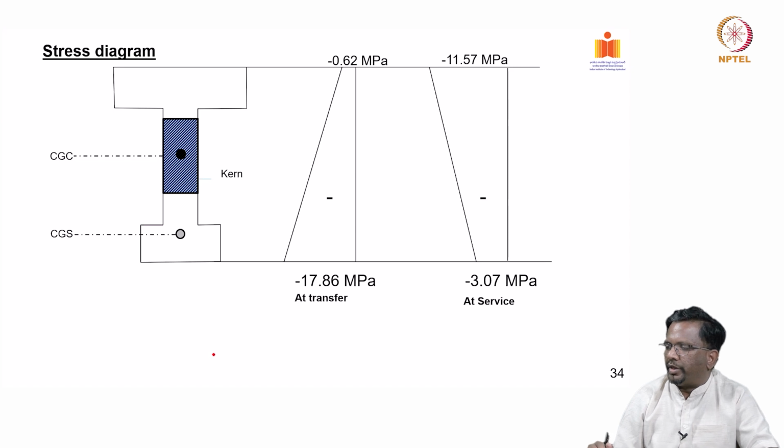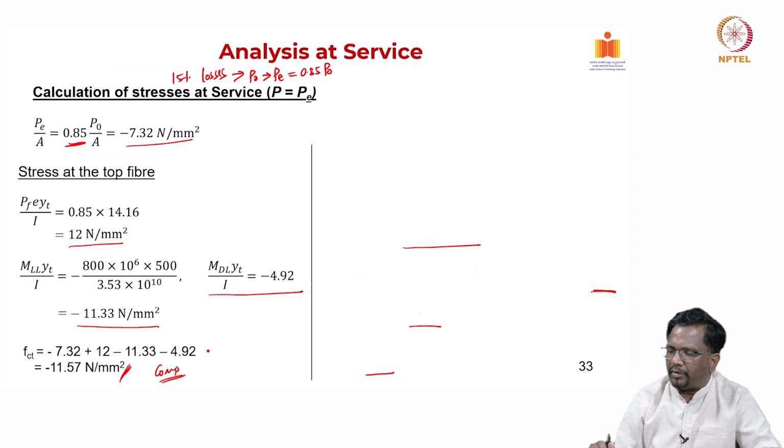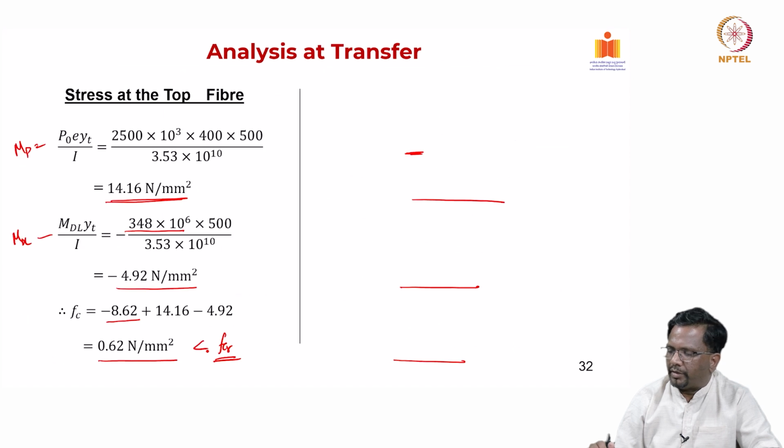Let me see, I think there is a small mistake in here. If you go back, this is 513, so this is plus, so this is in tension at transfer.